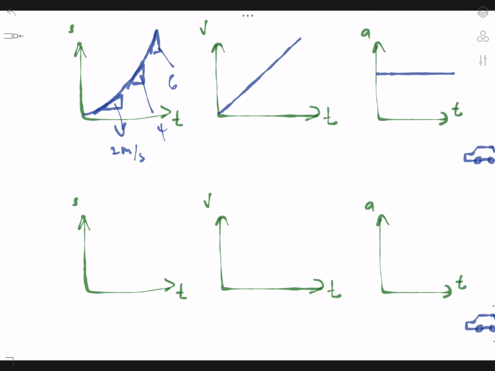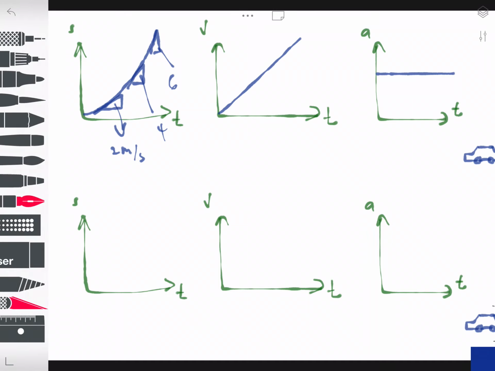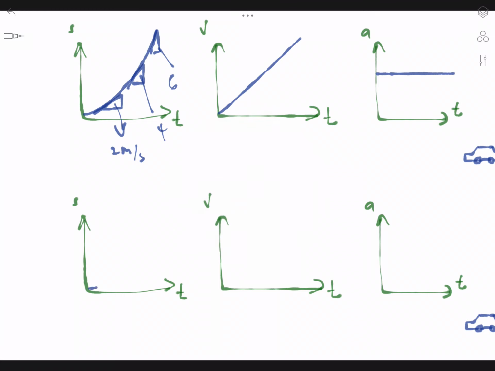For example, when we draw a line like this, you see the gradient increases not at a constant rate. For example, let's say this is 1, this is 5 meters per second, and the gradient here is 10 meters per second, for example.